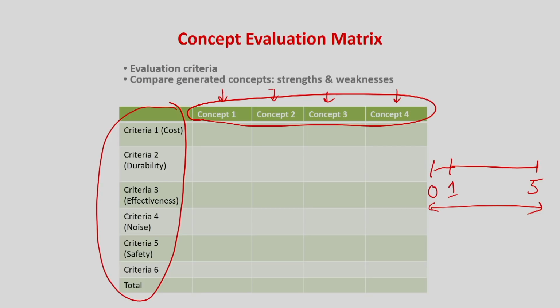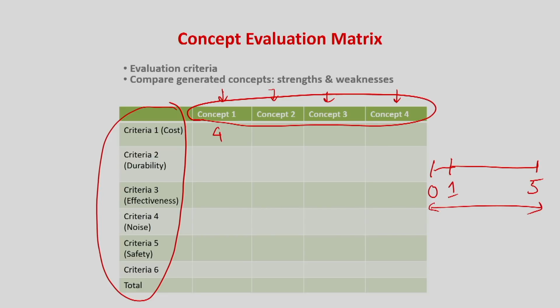For example, for concept 1, criteria 1 is cost, and the concept 1 stands at being very cheap. It would hardly take too much manufacturing cost, so that we can have the least price in the market. So, I would give it a 4, right.